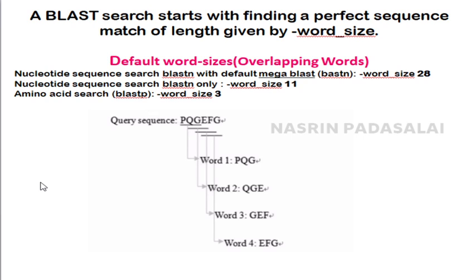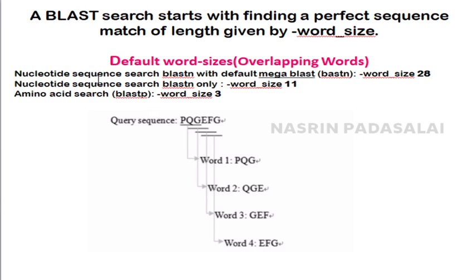BLAST starts with finding a perfect sequence match of a length given by the word size, and these are default word sizes. The BLAST program generally goes for overlapping words. Here you can see an amino acid query sequence. Word 1 is PQG, word 2 is QGE, word 3 is GEF, and like that it keeps searching the entire sequence.